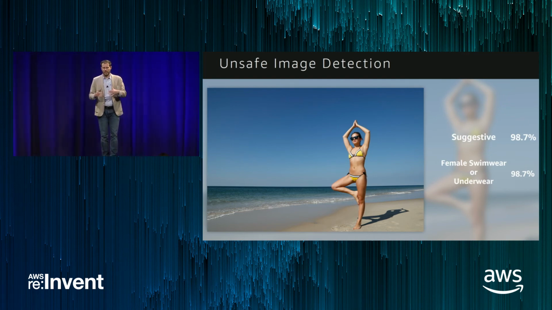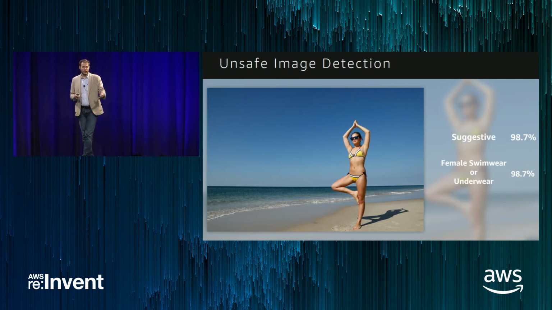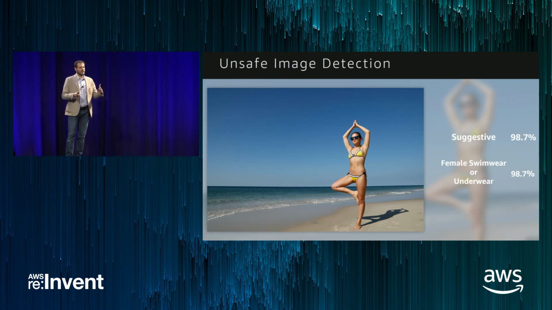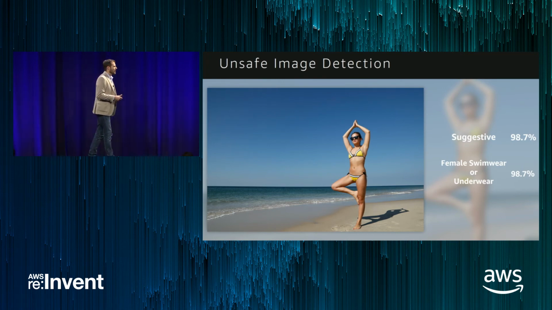So what we provide is a hierarchy of labels, where for explicit you may have sexual activity or nudity, and in suggestive you want to have the level of detail that tells you it's female swimwear or male swimwear. So the way it works is you get these labels associated to your image, as usual with a confidence score.